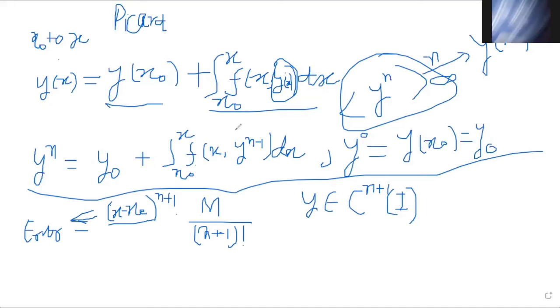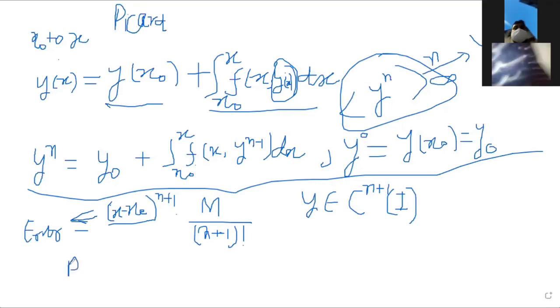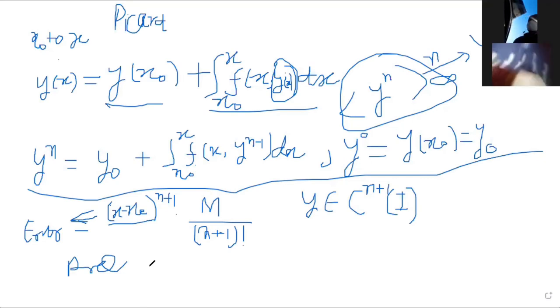This thing is clear. So that's why both these methods, this class of methods, which is known as the closed approximate methods, are biased towards the initial value or initial node. These methods are biased towards the initial node.